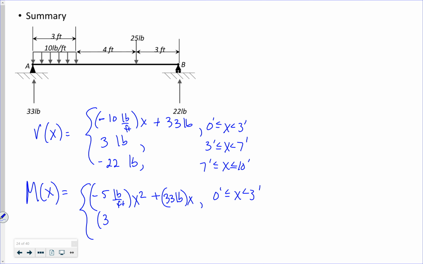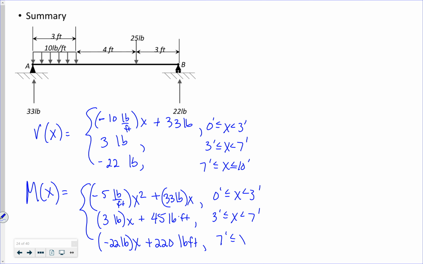Let's see, 3 pounds times x plus 45 pound feet for 3 feet to 7 feet, and minus 22 pounds x plus 220 pound feet for 7 feet to 10 feet.